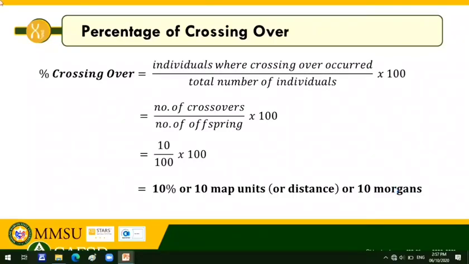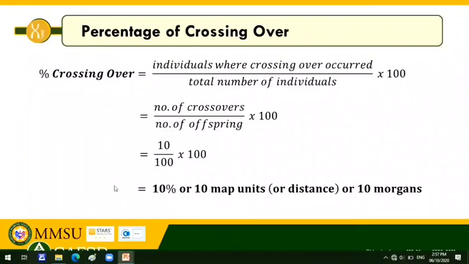So, Thomas Hunt Morgan. So, sa example natin kanina, ilan yung crossover? So, the number of crossovers can be determined from the number of recombinants. Okay? So, meron tayong 5 plus 5 recombinants kanina, we have 10 crossovers. Divided by number of offspring, meron tayong 45 plus 5 plus 5 plus 45, that is equal to 100.